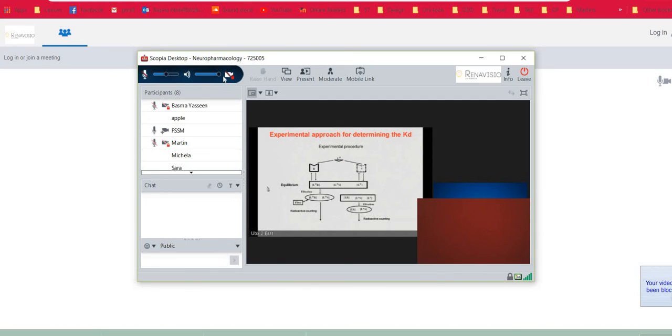You have at the equilibrium also the free L, which is radiolabeled, and you have also something that you don't want to have, but you have it.